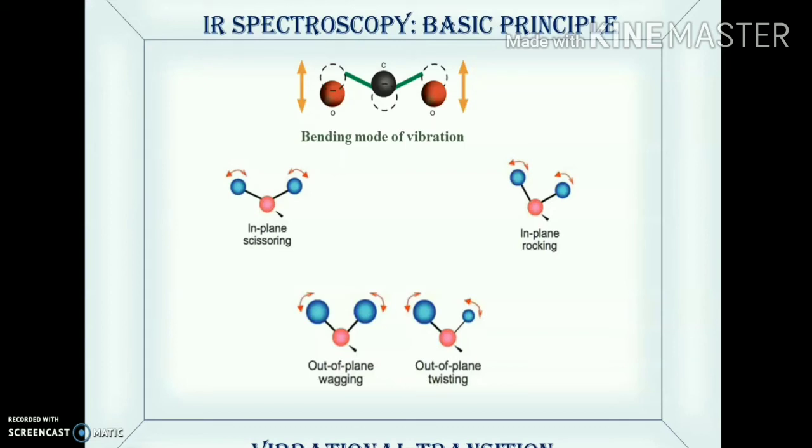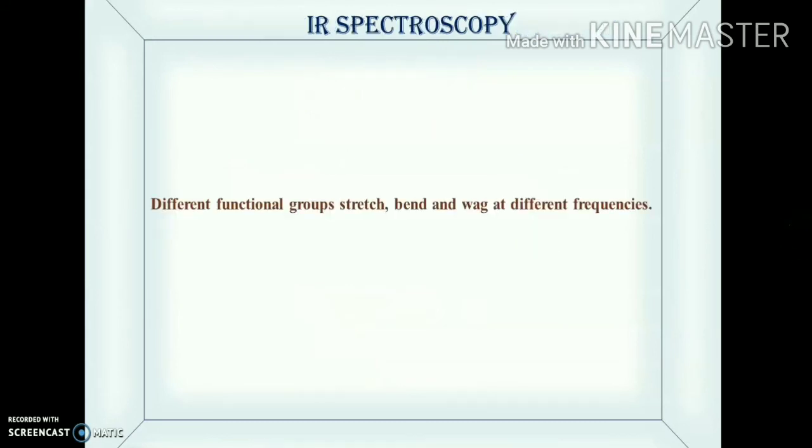So what are we taking advantage of in the IR spectroscopic technique? We are taking advantage of the property that whenever a molecule is subjected to IR radiation, it absorbs the energy and undergoes energy transition. What energy transition? The vibrational energy transition. This is called vibrational transition, which is the basic principle of IR spectroscopy.